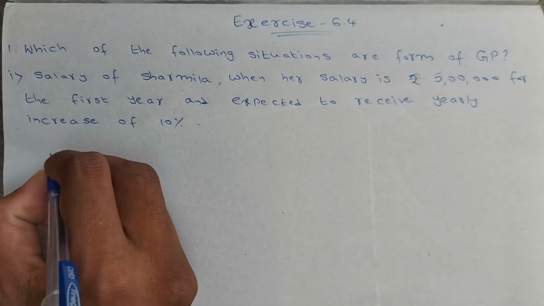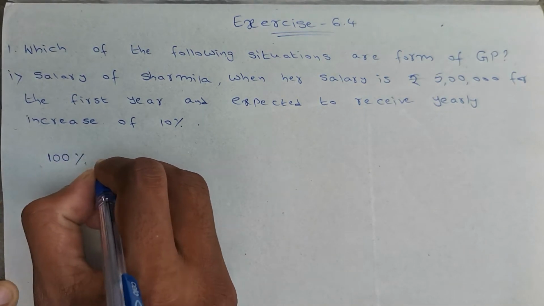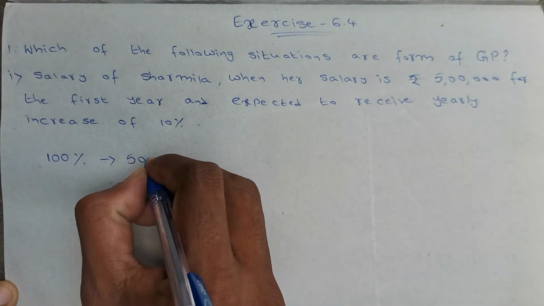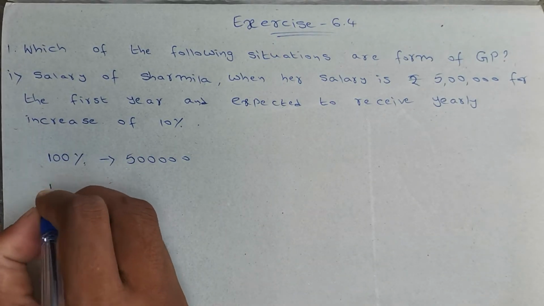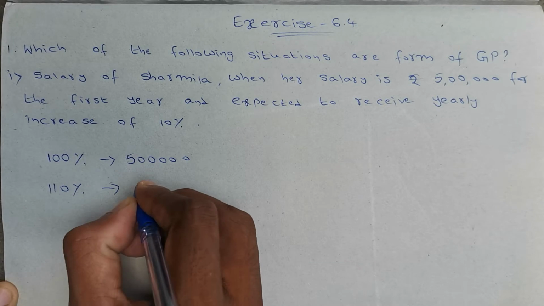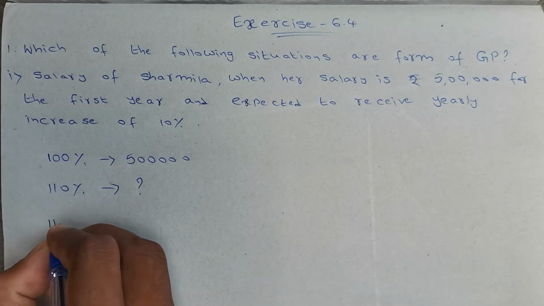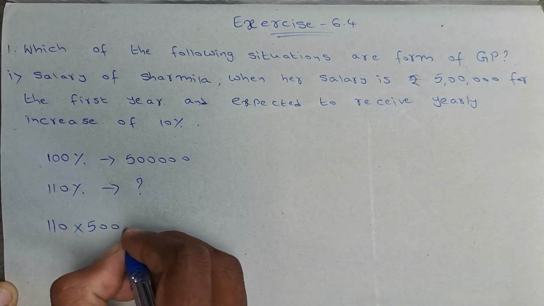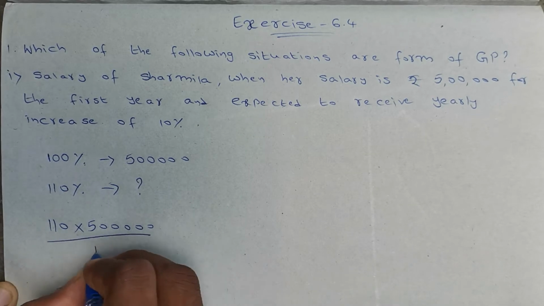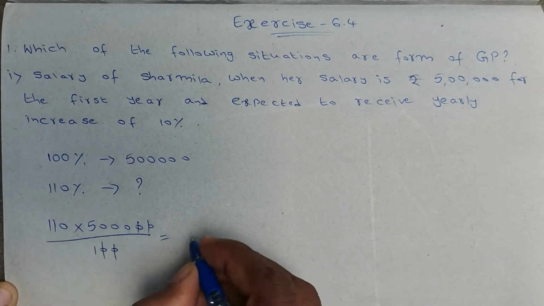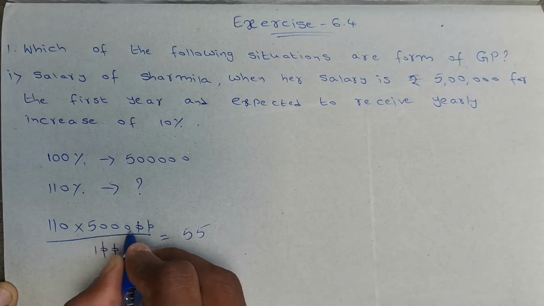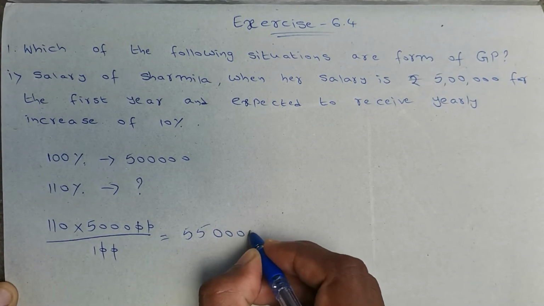So in the beginning her amount is 100%, that is 5 lakh rupees. Now it is increased by 10%, so 110%, how much? If we do cross multiplication, 110 into 5 lakhs whole divided by 100. Here two zeros cancel. 11 into 5, 55. 1, 2, 3, 4 zeros.